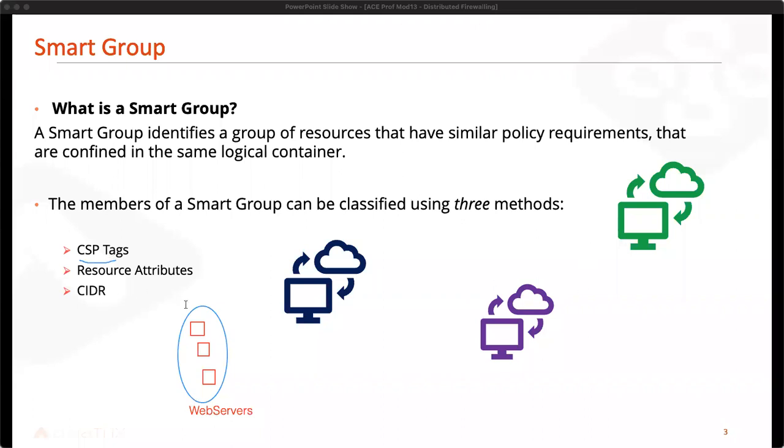What does this mean? I will say, hey, Copilot, when I define a smart group, as I said, we'll call it web servers. And I'm going to tell it, go and fetch all resources that have the tags, for example, environment production, environment prod, and role is web servers.